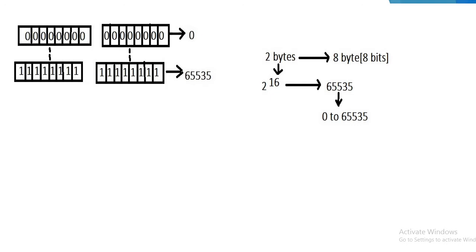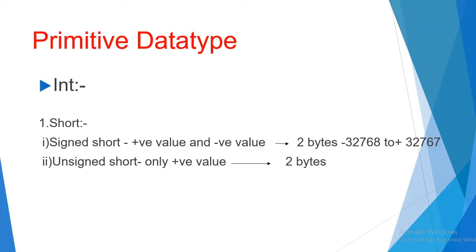On the left side there is a diagram of 2 bytes, which is 16 bits. The binary number always starts with all zeros, the last value is all ones, and in between you can give any value, like 1, 2, 3, 4 up to 65535.